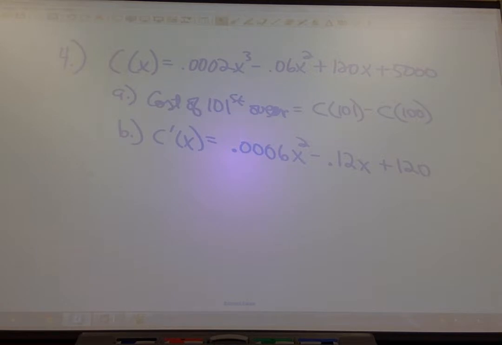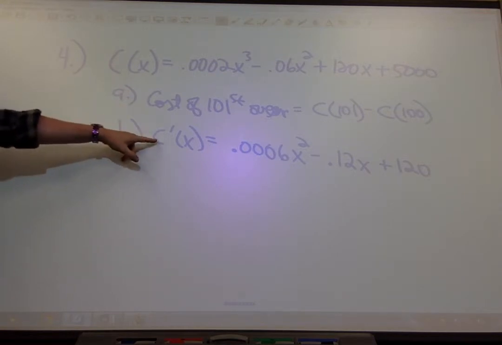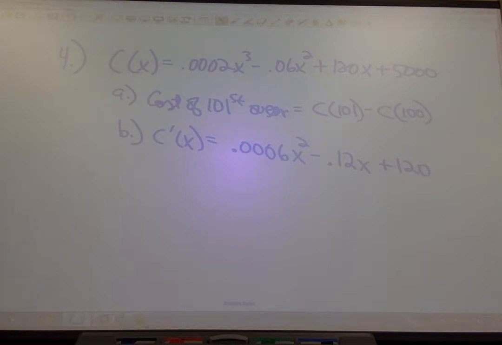That's the cost of the next one. And they just wanted you to do that to see that, hey, they're the same. And isn't this easier? And it is, because think how long it took me to type that in, right? This was a shorter function, easier. And I didn't have to subtract them.